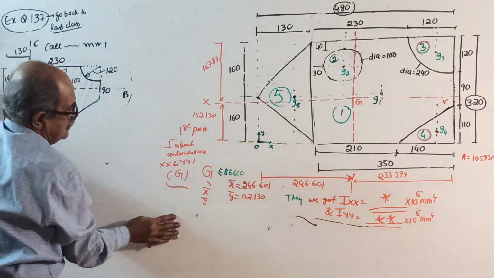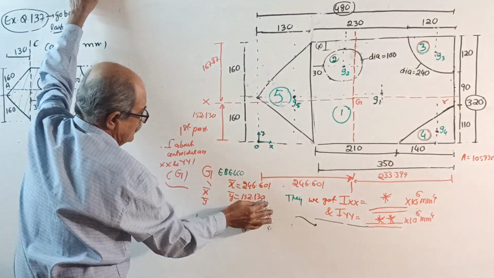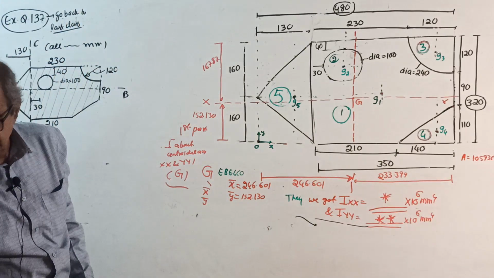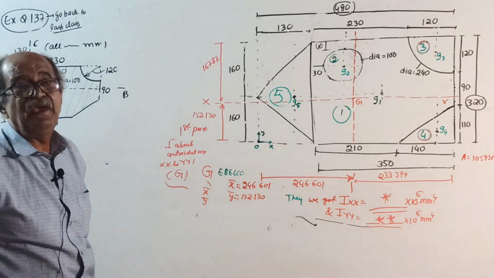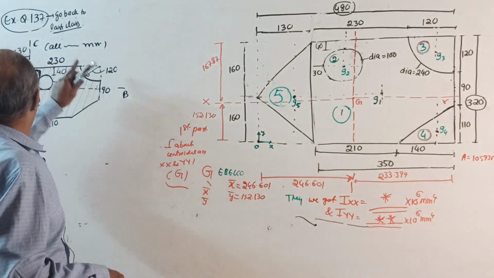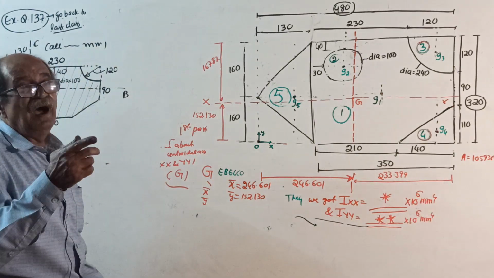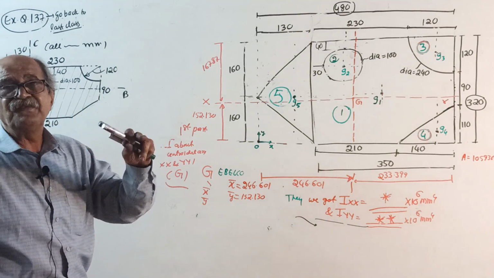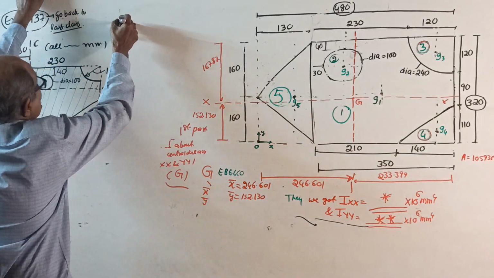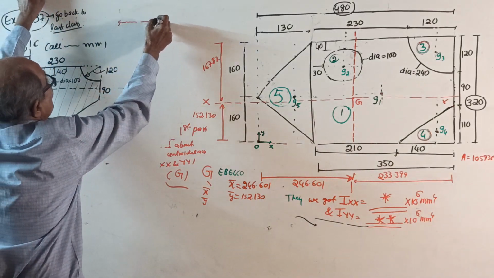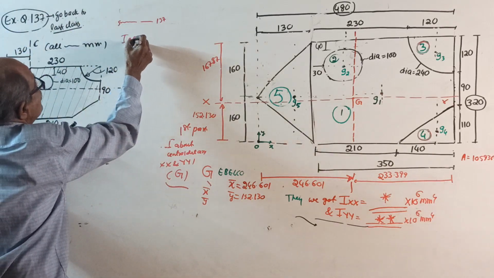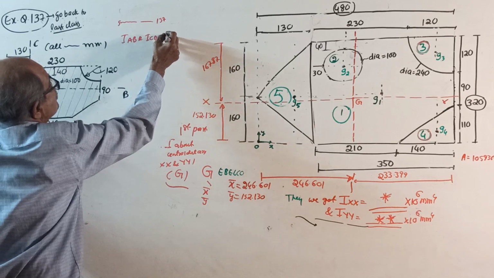Now see, x bar, y bar, this also not required. Let it be there. Now we are discussing the case. Suppose in the last question, 137, they ask I about the centroidal axis and also about some other axis, AB and CD.